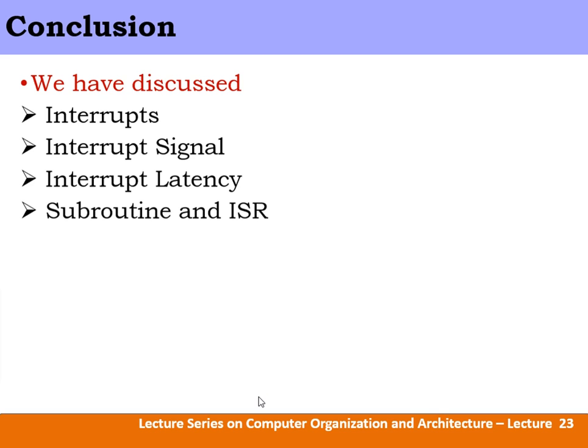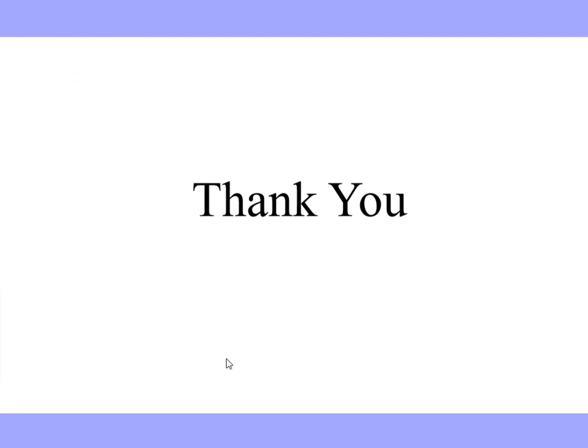Whereas in case of an ISR, not only the program counter but some additional register contents also need to be saved, and there is no relationship between the interrupted program and the ISR. These things we have discussed in this lecture. Thank you.